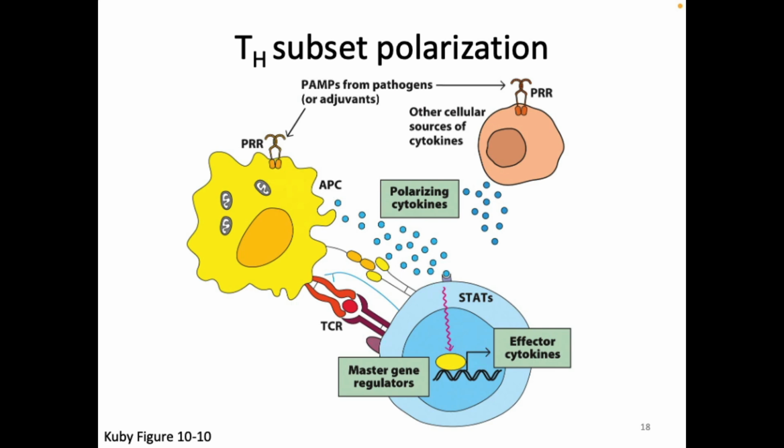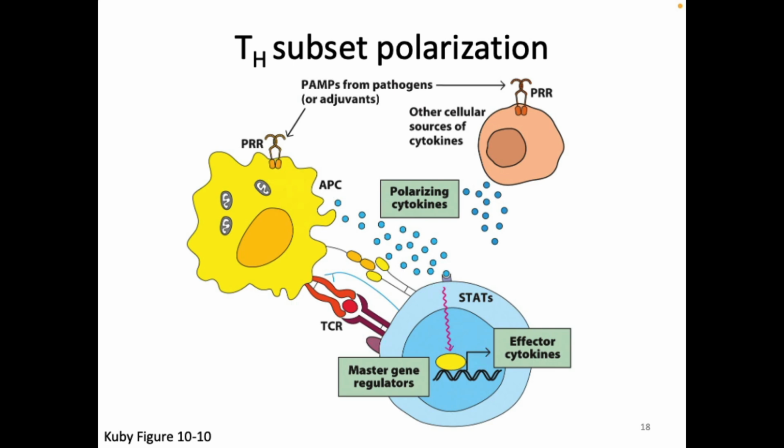And one of the things in my mind that makes you a legit helper T cell subset is if you have a specific transcription factor that we can name. What we know is that there are polarizing cytokines that turn on a transcription factor, which is the master gene regulator.